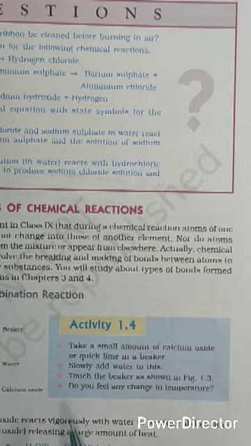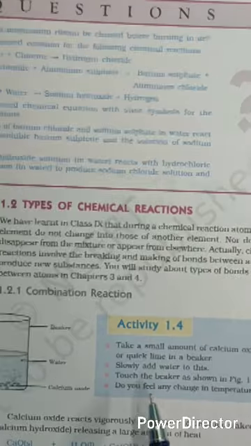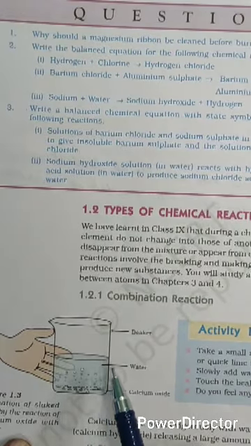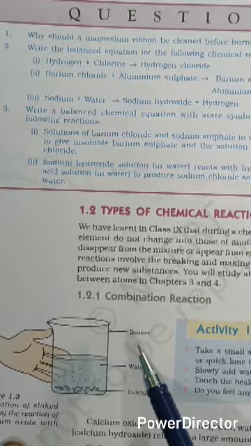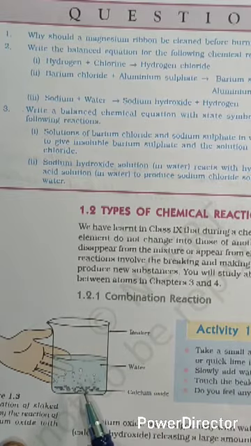This is a very simple activity. What you have to take, you see, in a beaker we have to take a few crystals of calcium oxide. What is the common name of calcium oxide? That is called quicklime. Here we have to put it. After that, we have to put water slowly.